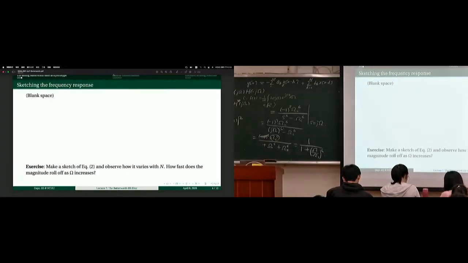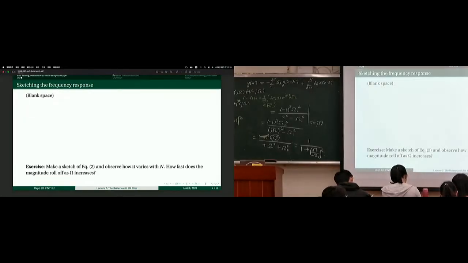Okay, so the expression is pretty straightforward. The magnitude square has this monotonically decreasing expression, 1 plus (omega divided by omega c) to the power of 2n.